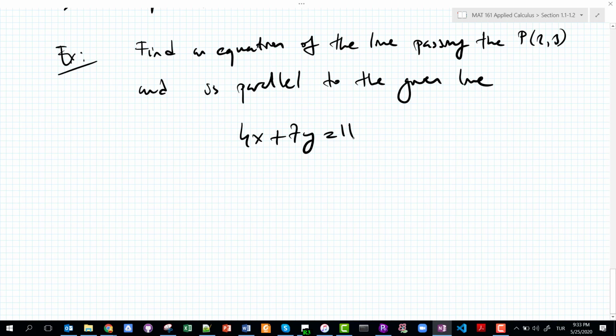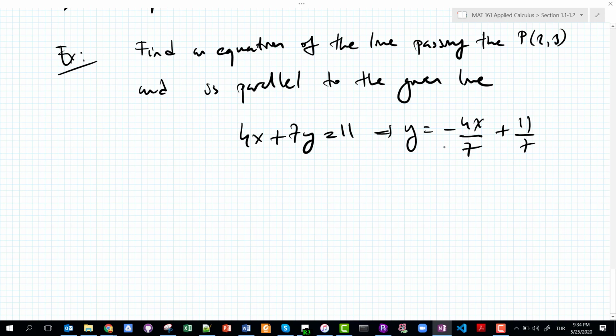So as you know, if they are parallel to each other, they should have the same slope. But as you see from here, I don't know what the slope is, since I need the slope-intercept form. That's why I'm just going to leave the y alone. If I leave the y alone, I should have something like this one.